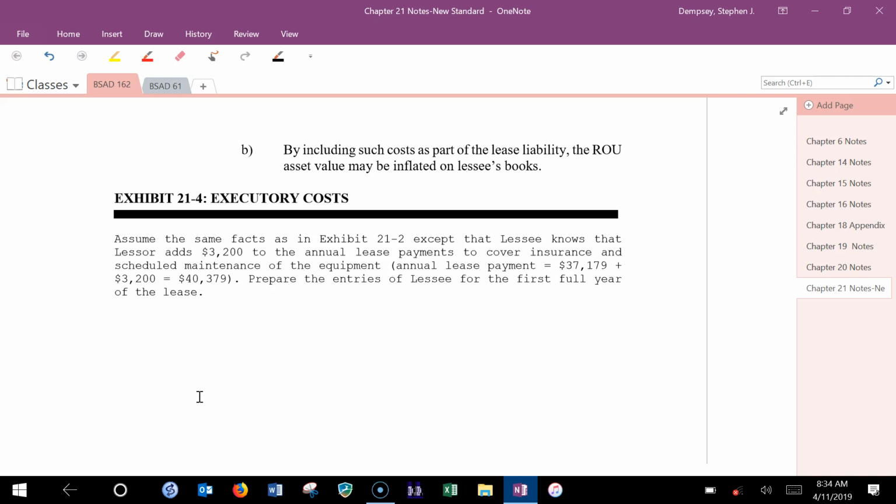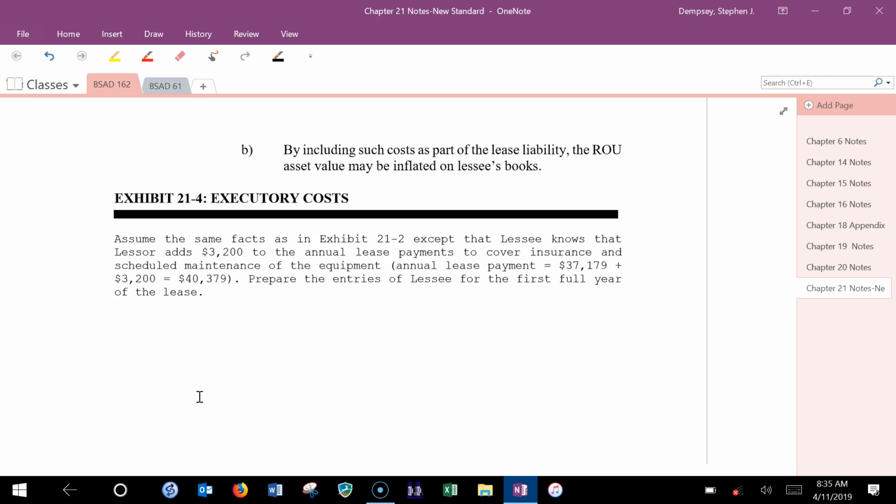So assume the same facts as in Exhibit 21.2, except that the lessee knows the lessor adds $3,200 to the annual lease payments to cover insurance and scheduled maintenance of the equipment. So now all I'm changing is the annual lease payment to equal not the original $37,179, but we're adding that $3,200 of executory costs to get the total lease payment now that's under obligation by the lessee to $40,379. And it says, prepare the entries for the first full year of the lease.